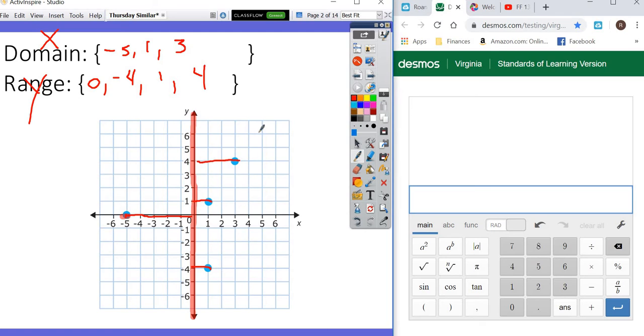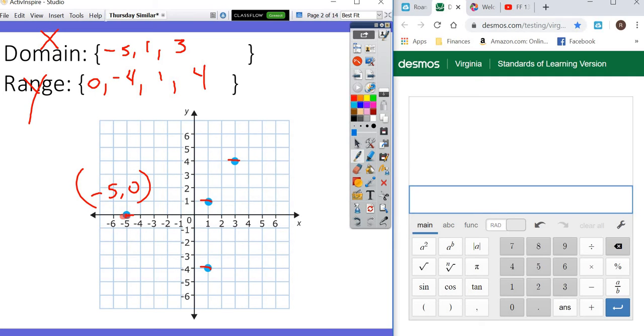Another way to do it, if it'll help, let me show you real quick. If you feel more comfortable figuring out what those points are, you can do that. For example, this is (-5, 0).